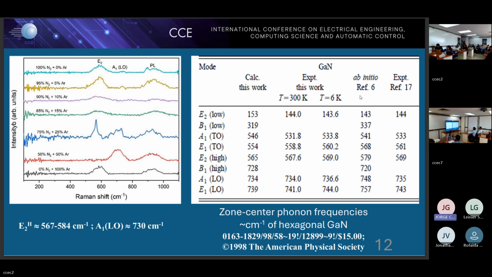The others, we can say that they are present, but they are not well defined. Only this one is very well defined. It is at 567 centimeters minus 1, which corresponds with this kind of material.